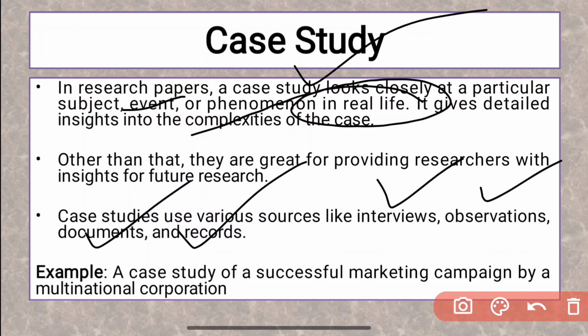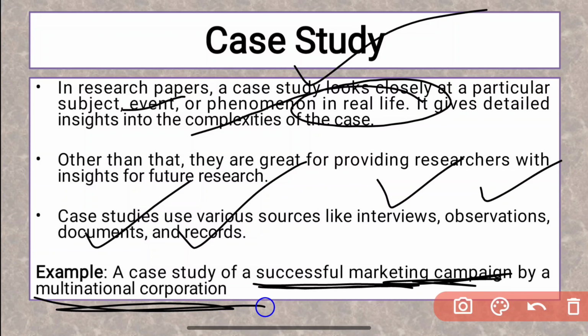An example could be a case study of a successful marketing campaign or strategies that was used by any say multinational corporation. So in case study, what do we do? We choose a particular real life situation and we go in depth to study it and then we write it. This is the case study, right?